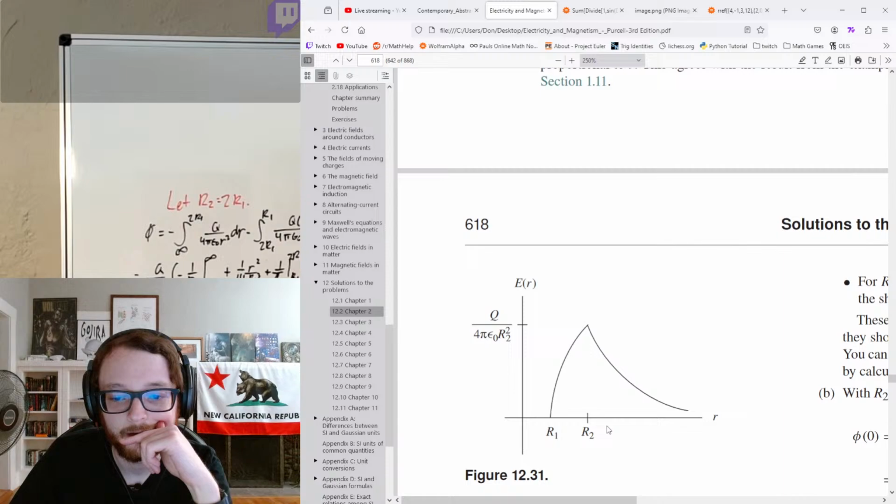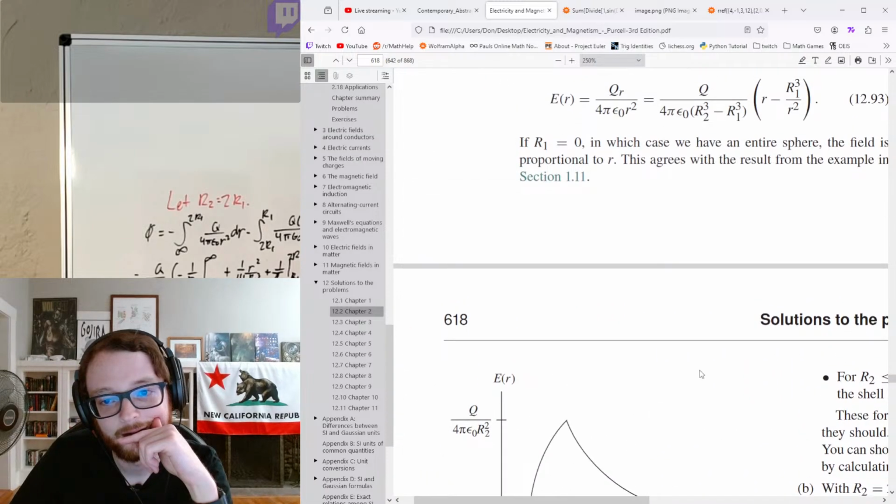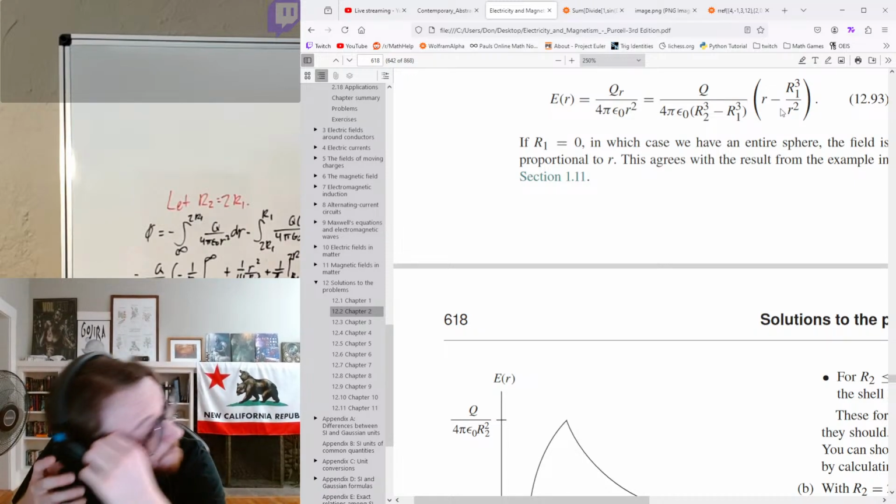Oh, wait. What? Oh, that's not linear. It's only... Oh, interesting. It's linear minus one inverse square.